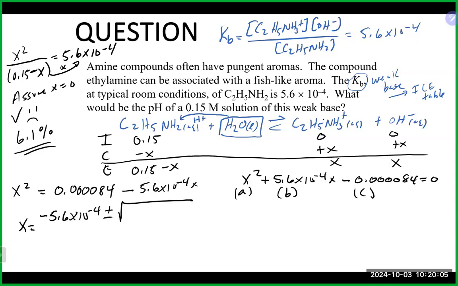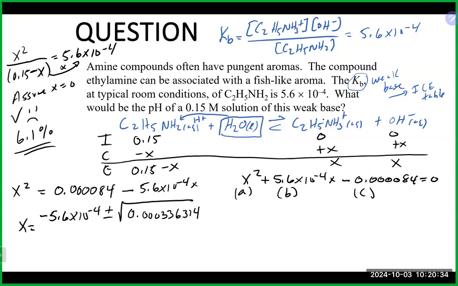So we'll go b squared, 5.6 times 10 to the minus 4 and square it, minus 4 times a, which is 1, times c, which we do want to take the negative with that. So negative 0.000084. That's going to give us 0.000336314 inside the square root.